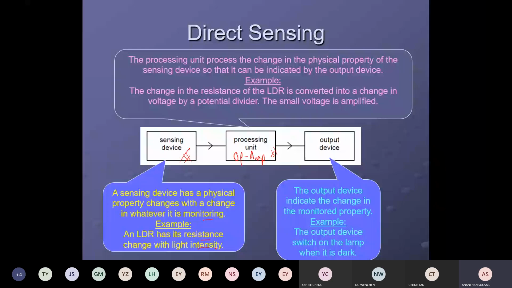The output device could be a light, speaker, alarm, and so on. An LED light can be an output device. So remember these 3 departments: first is the sensing device, next is the processing unit, third is the output device.